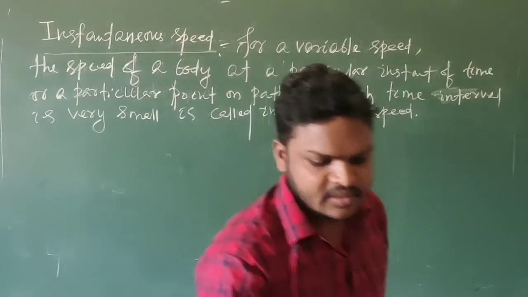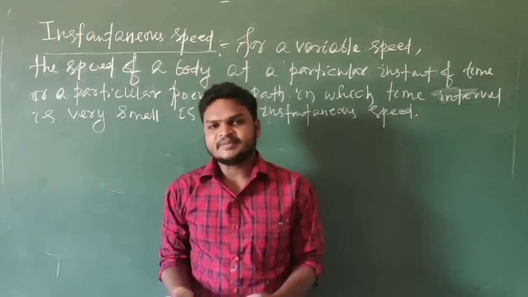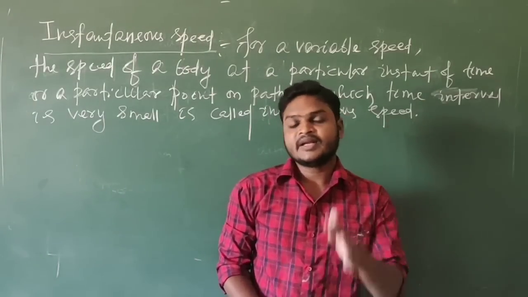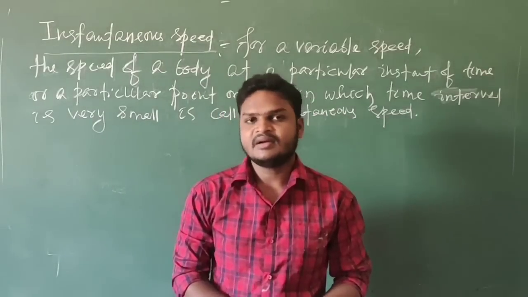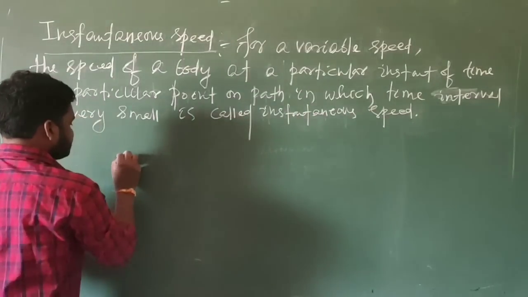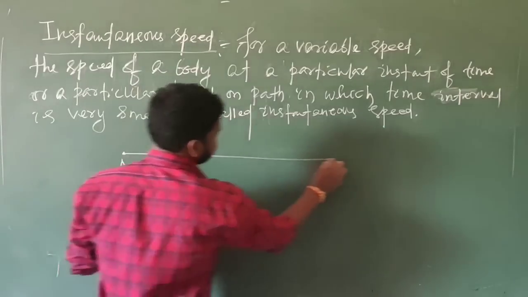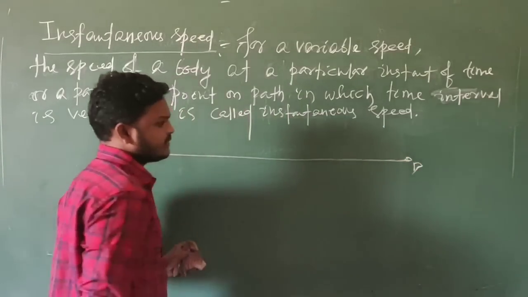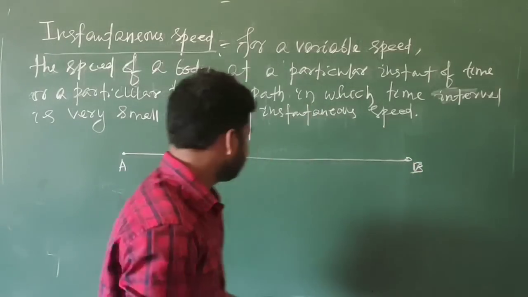So instantaneous speed, when do we calculate it? This speed is also calculated when a body is moving along a large distance, that means variable speed. Suppose the body moves from A to B for a long distance.